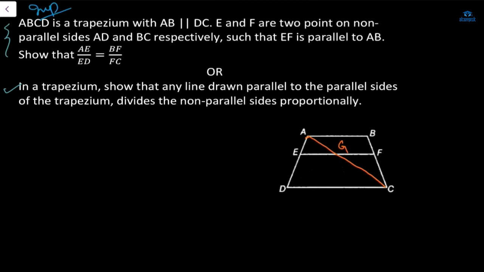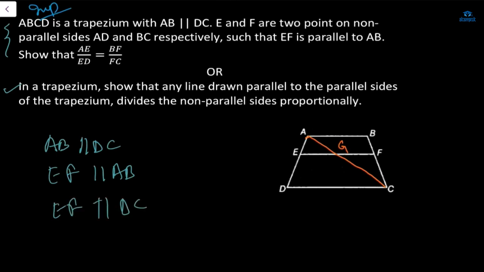If you see here, it's mentioned that AB is parallel to DC, and EF is also written parallel to AB. Things parallel to the same thing are parallel to each other, so EF will be parallel to DC also.